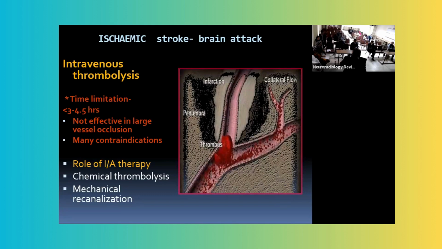But it has been shown in neuroendovascular practice that the role of TPA is limited in major vessel occlusions like M1 and A1 branches, and its role is also limited in posterior circulation. But it is definitely a very good tool, and TPA in combination with mechanical thrombectomy leads to very good results.